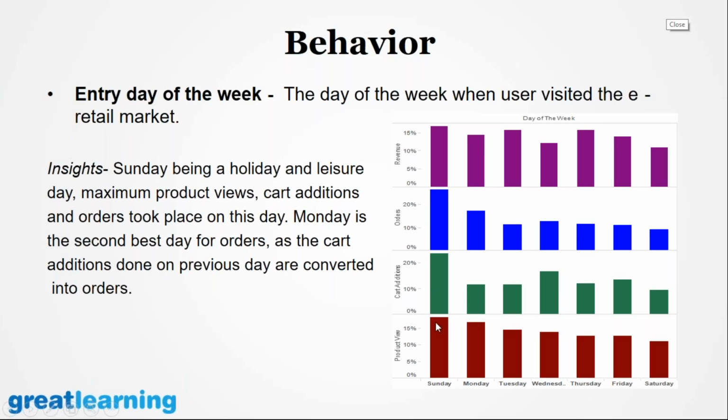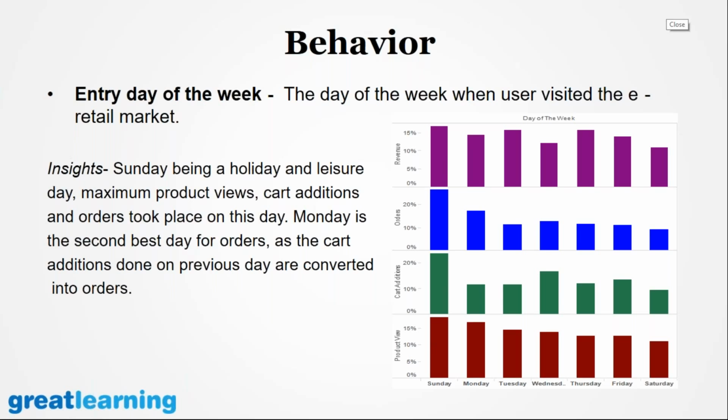So what we see is Sundays are the days when we see more people actually ordering, more people doing cart addition, more people doing product view, and more revenues being generated.